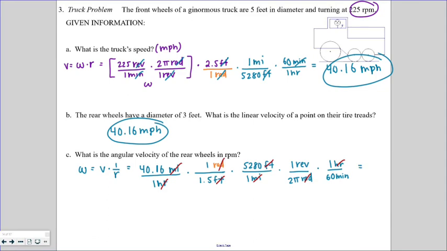If you did this correctly and you use the full decimal, you should get a nice number. .375 revolutions per minute is your final answer there.